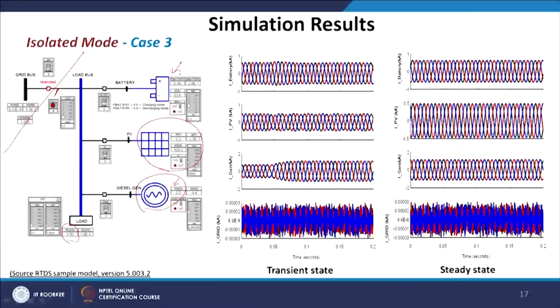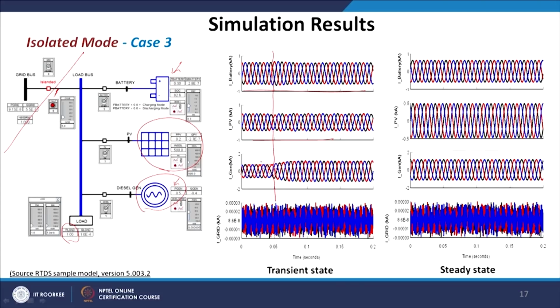Now, a very important factor we need to see here: we can see the battery characteristics moving this way, the PV, and now we can see when the load is changed, the generator current is shifted to a new dynamics. This is the important scale I want everyone to observe.